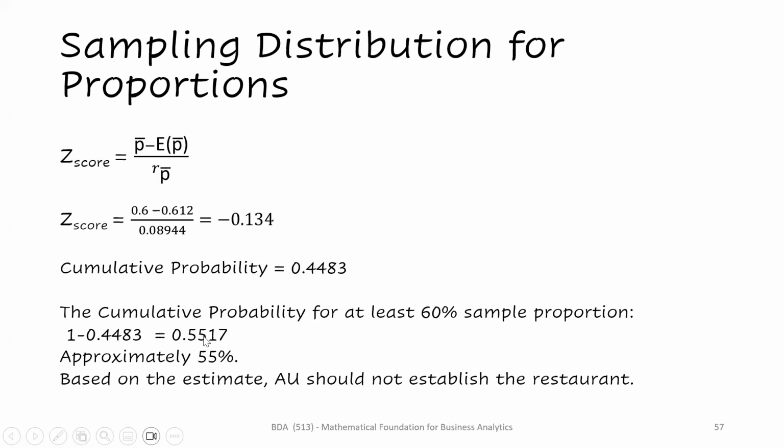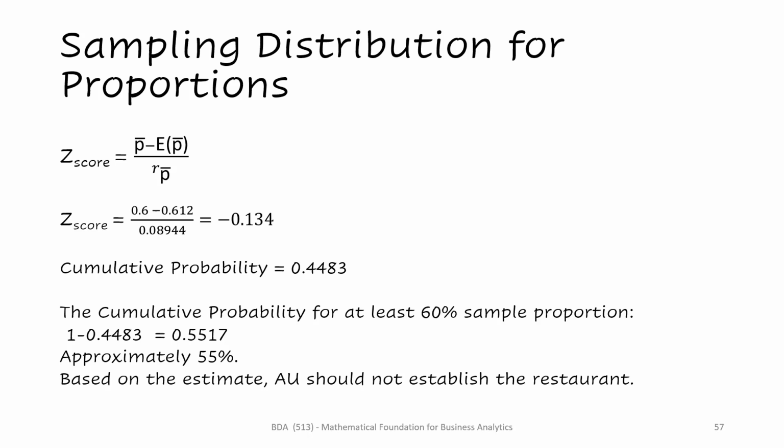Okay. All right. So what we are saying is that based upon our calculations, we have estimated that 55% of the students say yes to re-establishing the restaurant. But from the onset, we said that if 60% of the students say yes, then we'll go ahead with the restaurant.